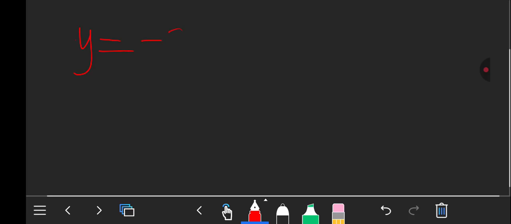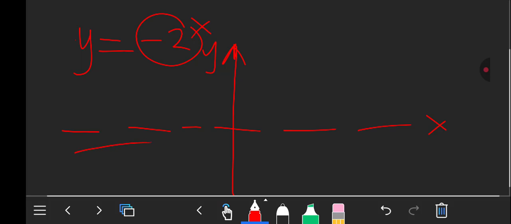Let's say you've been given y is equal to negative 2 to the power x. For this one, we've said the asymptote is the x-axis. Then we have y like that. Because the base is the one which is negative, the graph will be below the x-axis. That is what it means. So the graph will move like that.